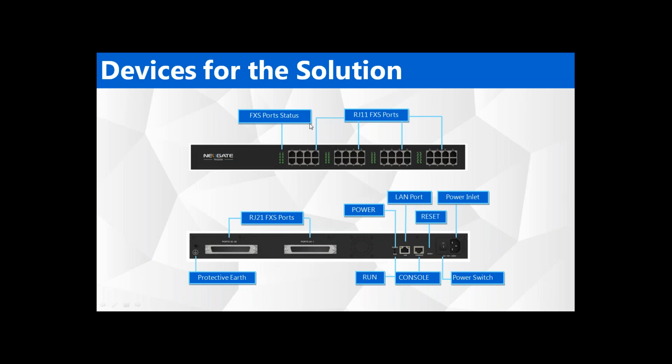So the reason why we put it here, to emphasize, even though most of you know this, is that we provide RJ11 ports together with RJ21 ports with our analog gateway. While you are cabling the system, you will have maximum flexibility to create your own system, because you can either choose the RJ11 ports in the front panel, or you can choose the RJ21 ports in the back panel to realize the cabling.